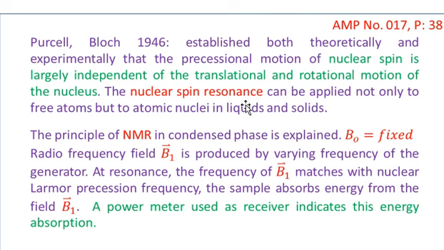The nuclear spin resonance can be applied not only to free atoms but to atomic nuclei in liquids and solids. So you see that the nuclear spin resonance method can be studied for free electrons and also for the atomic nuclei in liquids and solids.